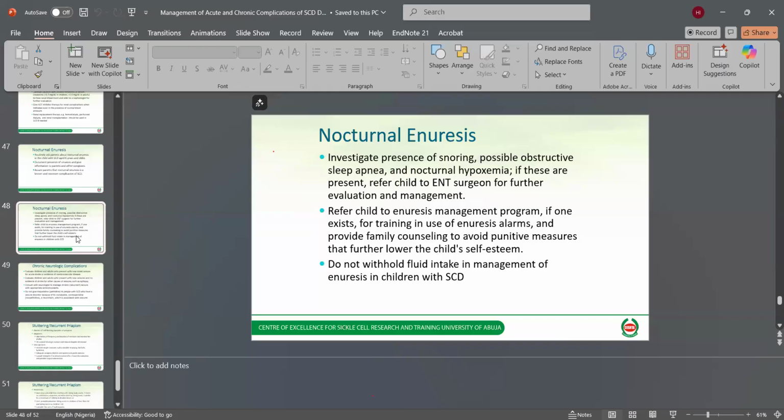Refer child to enuresis management program if one exists for training in use of enuresis alarms, and provide family counseling to avoid punitive measures that further lower the child's self-esteem, and do not withhold fluid intake in management of enuresis in children with sickle cell disease.